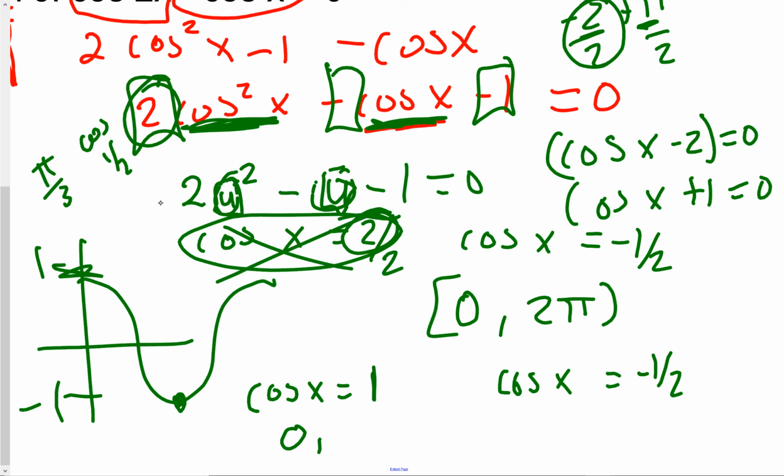So 2 pi thirds would give me a -1/2. And then I keep on going from 0 to 2 pi, to 4 pi thirds. So those are my three answers: 0, 2 pi thirds, and 4 pi thirds. All right, so there you go for that one.